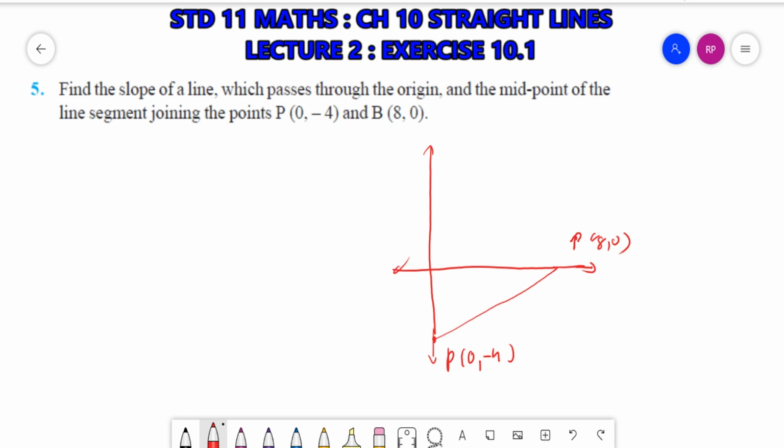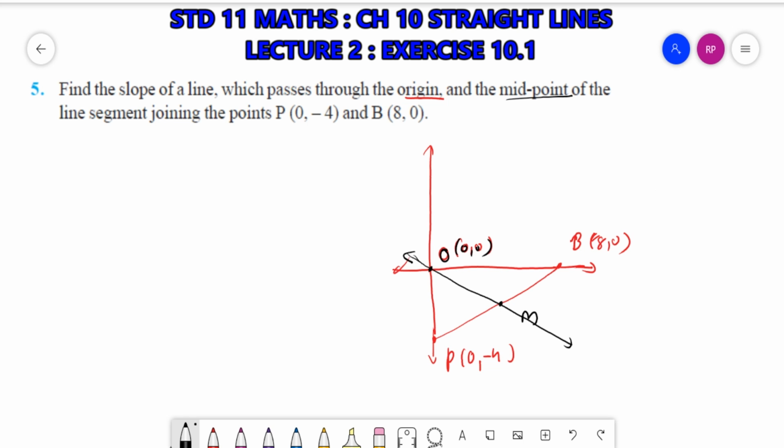Let's make this a point, not the line. Okay, point B. Now see, the slope of the line that we have to find passes through the origin. So this is the origin O (0, 0), and the midpoint. So let's take this as the midpoint M. Now we have to find out the slope of this line, right?